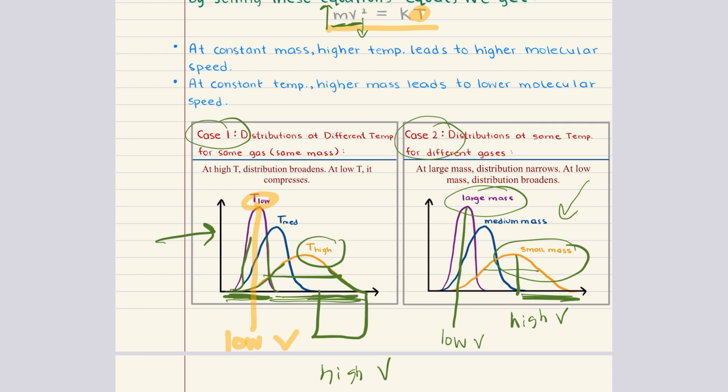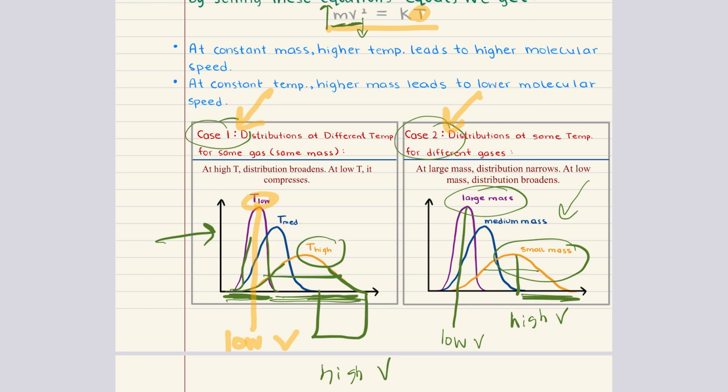The Maxwell-Boltzmann distribution helps us visualize the range of speeds in a gas sample, and it explains why some molecules move much faster than others, even if the gas is at a uniform temperature. So please be familiar with these two cases and the information we can extract from their relative Maxwell-Boltzmann distributions.